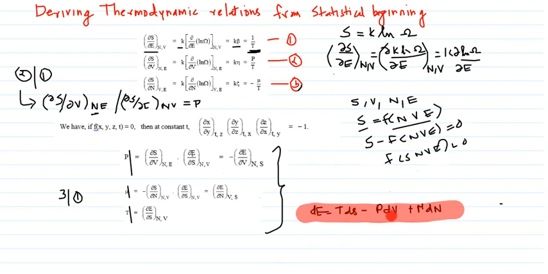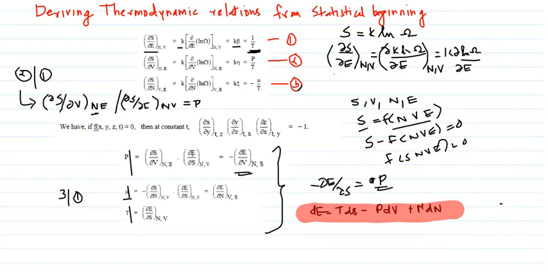Minus dou E by dou V equal to P, which is the equation exactly given by thermodynamics. Minus dou E by dou V equal to P is exactly the same as what we obtained from the thermodynamical approach as well as the statistical approach.